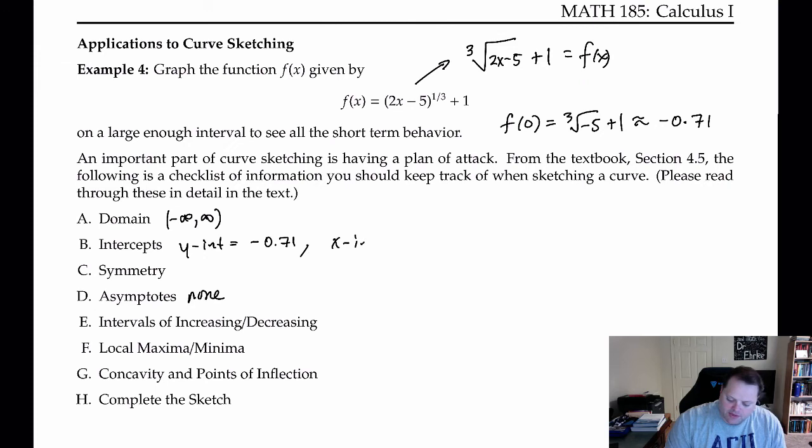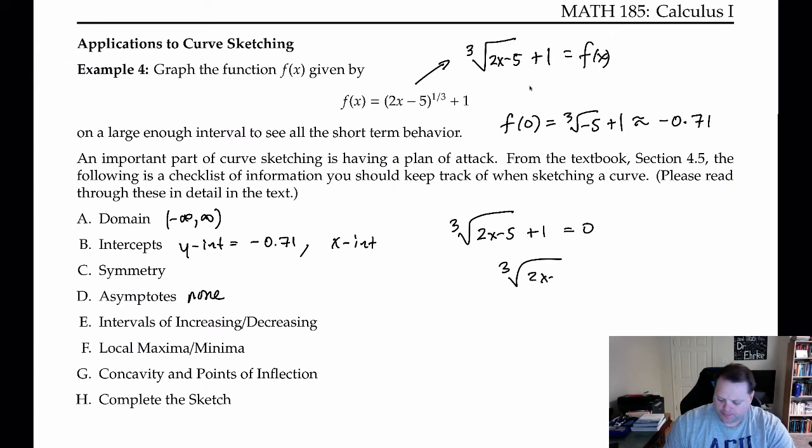And x-intercepts are a little bit tougher. My x-intercepts are places where y is 0, so I'm going to set my function equal to 0. So I'm going to subtract 1 over. Then I'm going to cube both sides, right?